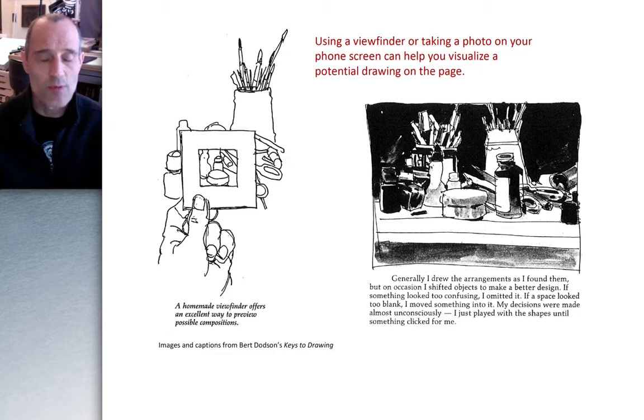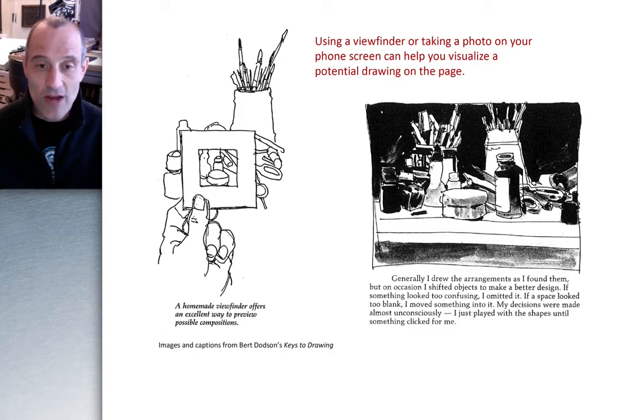So in the two examples I've got shown here, you can see them doing that with a little homemade viewfinder. Of course, we can also do this with our phone and use the viewfinder on our phone. A 4 by 5 is proportionate to our 14 by 17 inch pad. So be mindful that if you use your phone, it may be a very different rectangle than the size of the page.